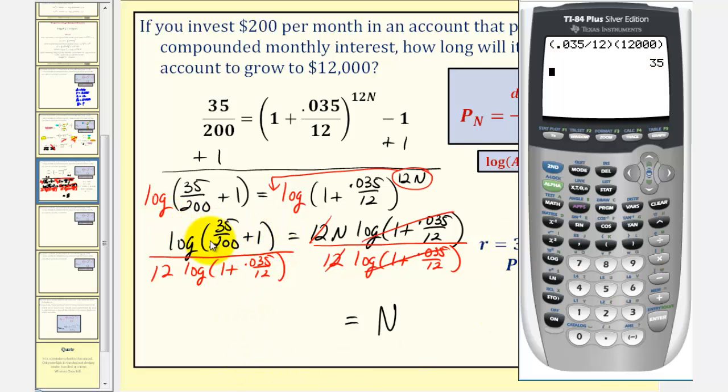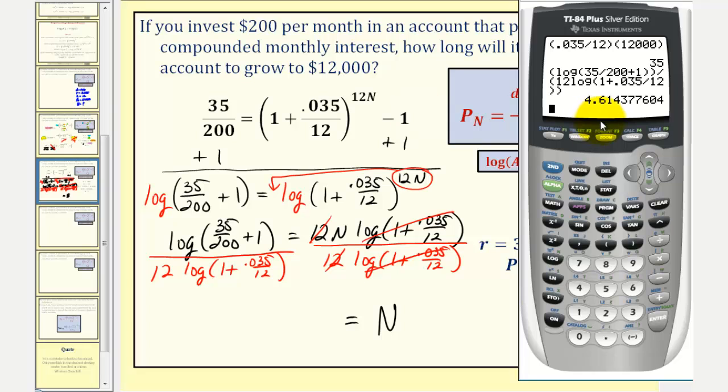We do want to put the entire numerator and denominator in its own set of parentheses, so we'll have an open parenthesis, common log, which is here, and then we have 35 divided by 200 plus 1. Now we need a closed parenthesis for the logarithm, then another closed parenthesis for the numerator, and then divided by, open parenthesis for the denominator, 12 common log 1 plus 0.035 divided by 12, close parenthesis for the logarithm, another close parenthesis for the denominator, and enter.